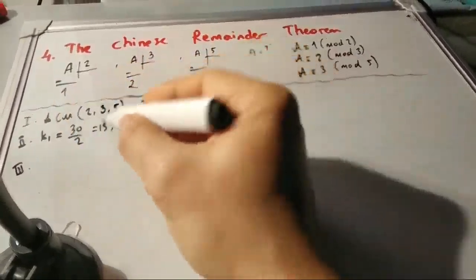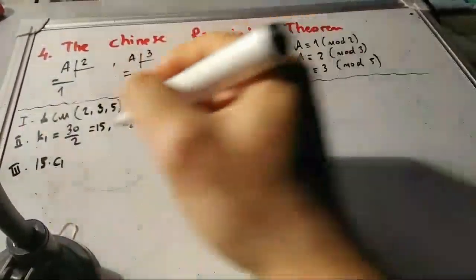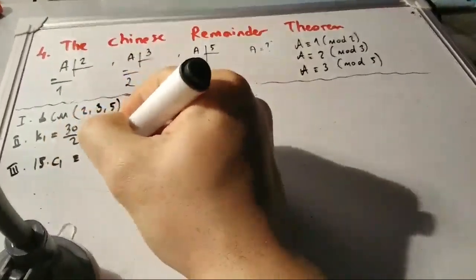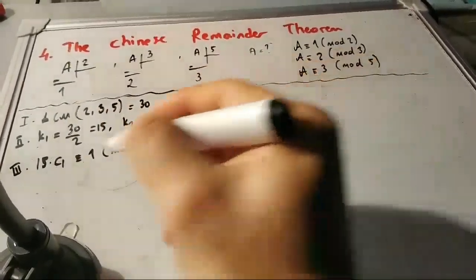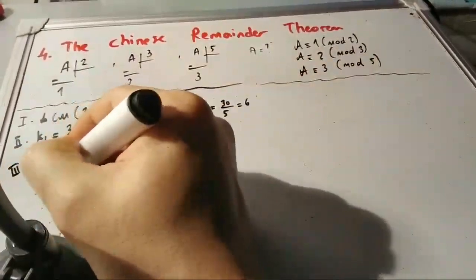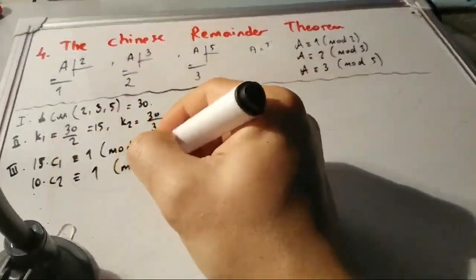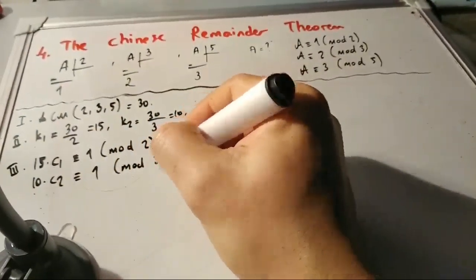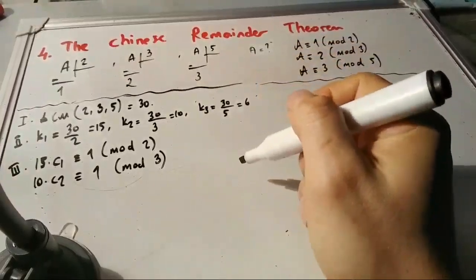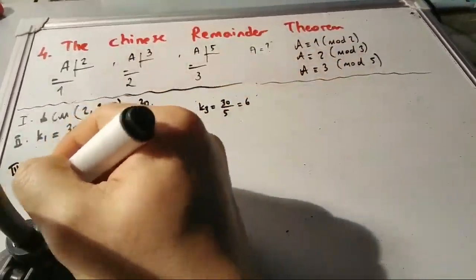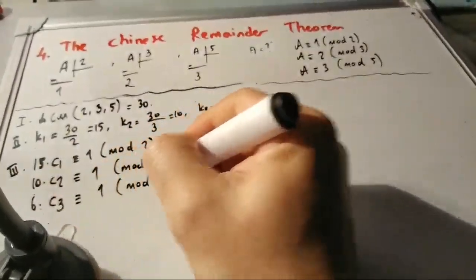K1 times C1, 15 times C1 is congruent to 1 in mod 2. 10 times C2 is congruent to 1 in mod 3, and K3 times C3, which means 6 times C3, is congruent to 1 in mod 5.